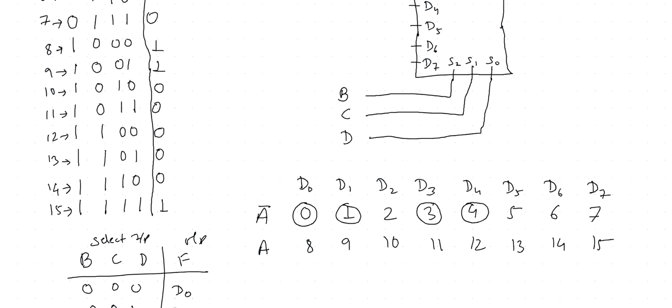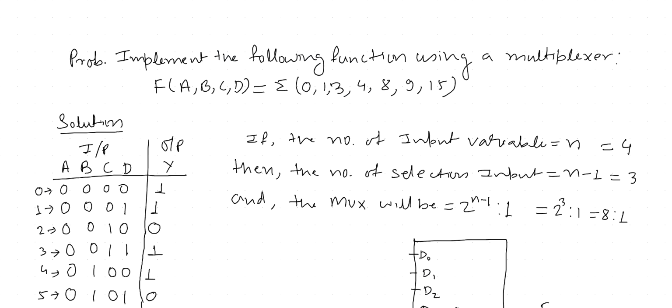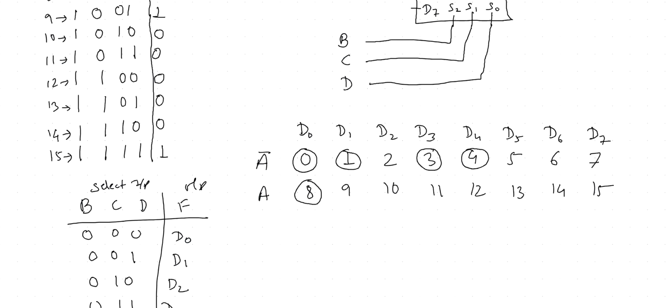All the points where the function is 1 will be circled. So 8, 9, 15.